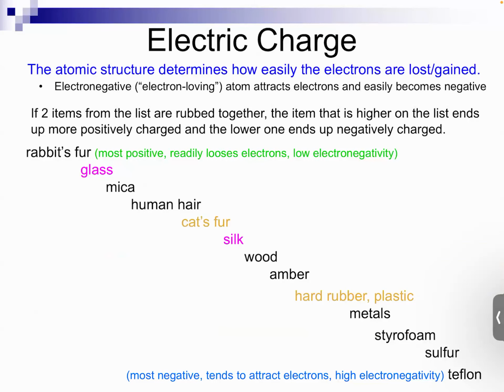It's a property that materials have called electronegativity. We won't cover this in class, but it's just out of curiosity. Some materials are more electronegative than others. When we say electronegative, they are electron loving. So some materials naturally attract electrons to themselves.